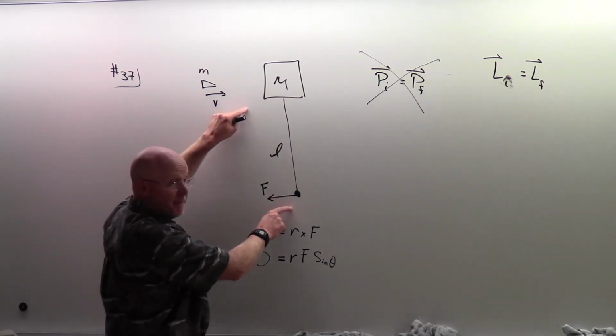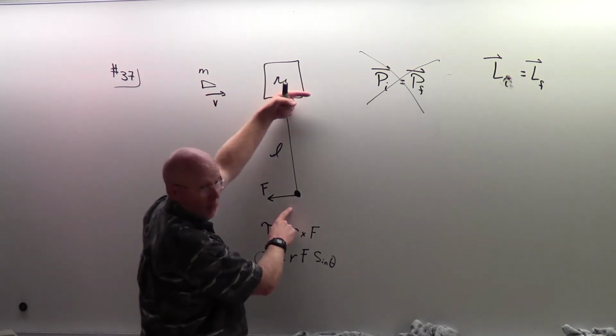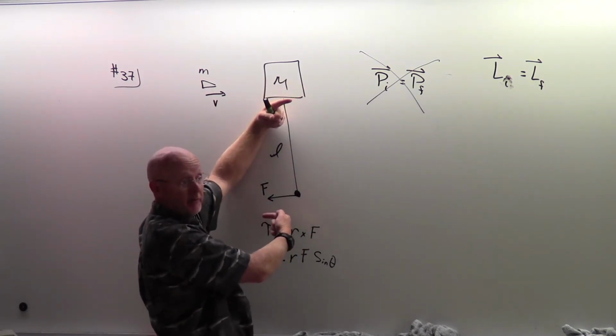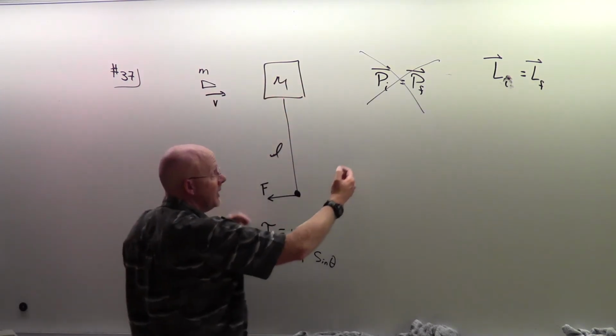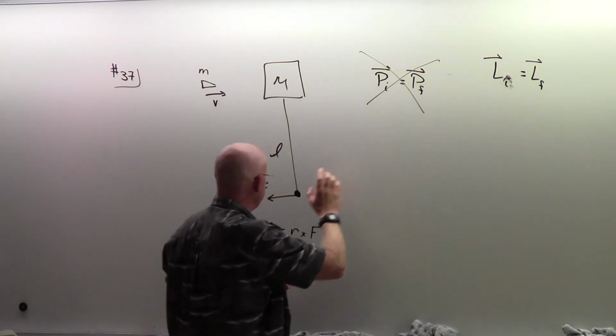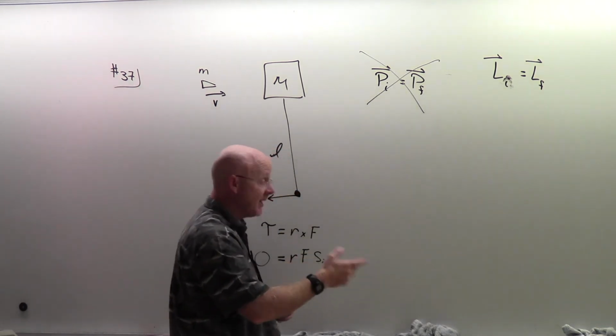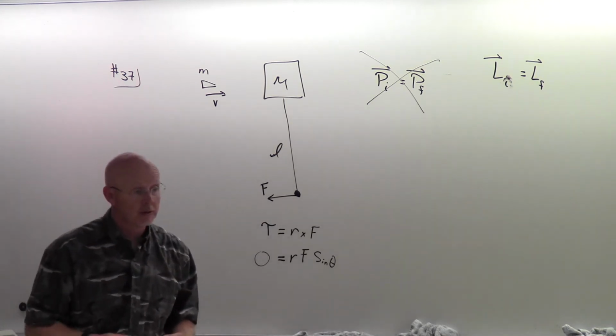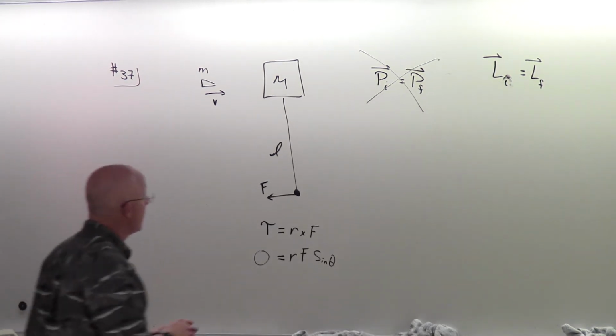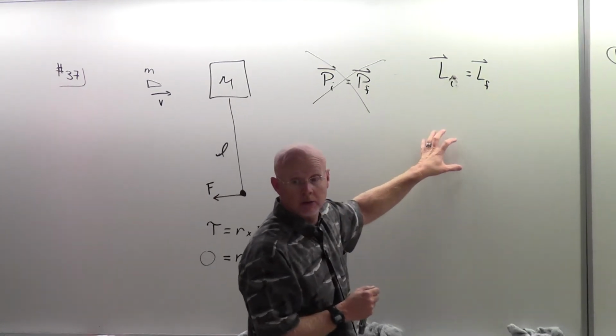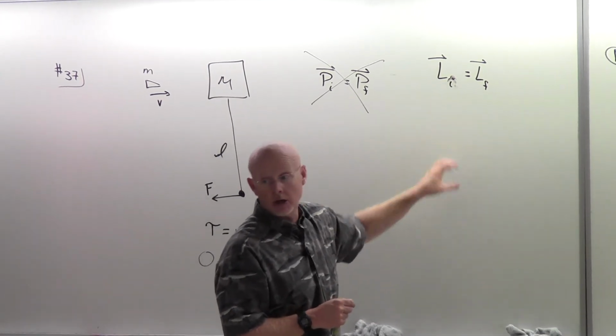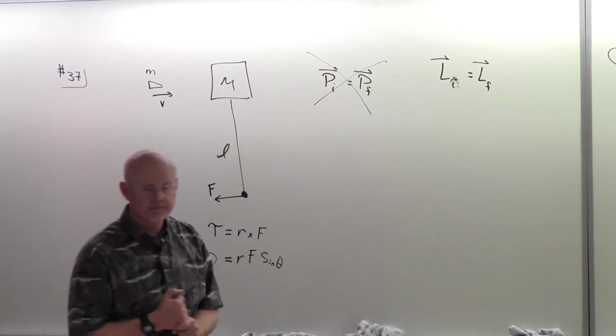During impact, the bullet's going that way, and this is going to take some momentum from it. So the linear momentum after the collision is actually a little bit less because of that force. Which is the whole reason why I would not want to solve it this way. I would want to solve it with angular momentum.